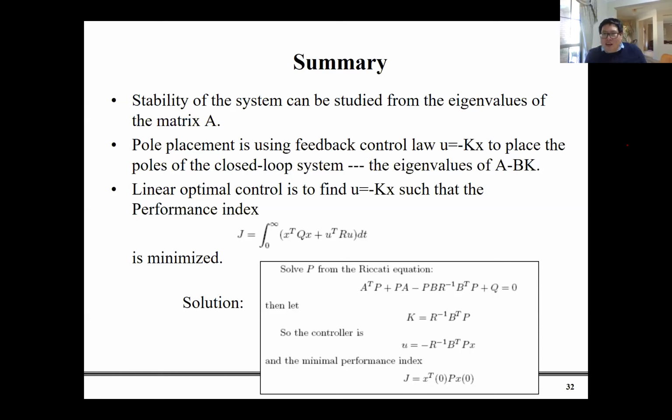But the problem is, if the system is not stable, what we can do is what we call pole placement. So we use state feedback control. Suppose we have a sensor which can observe the state.